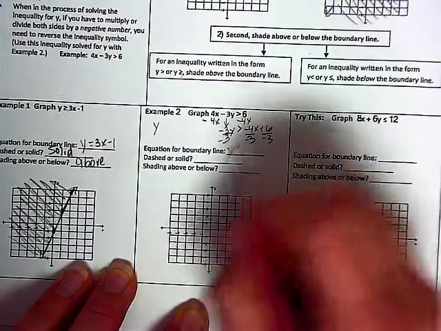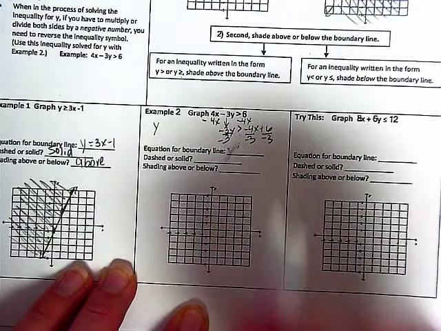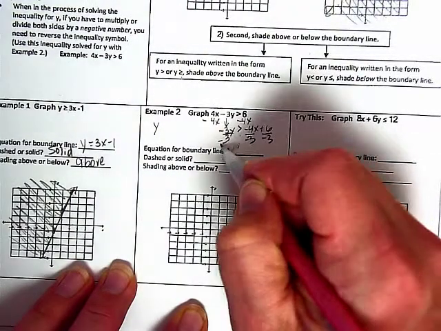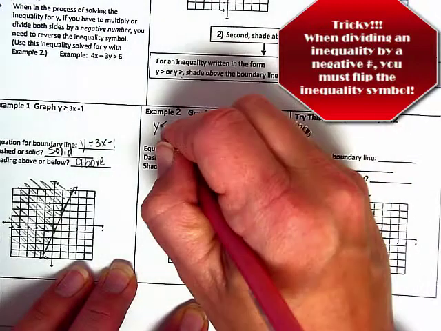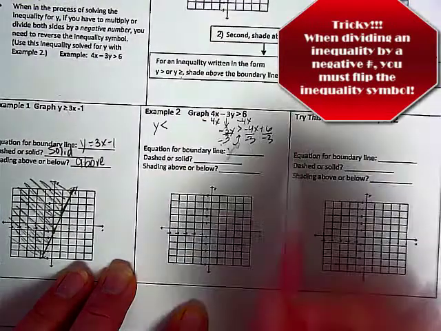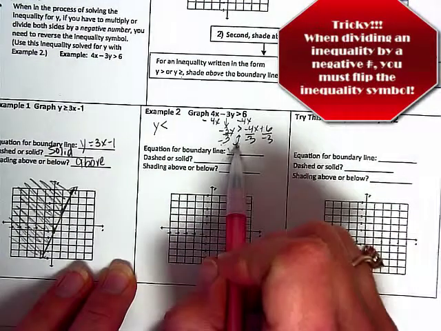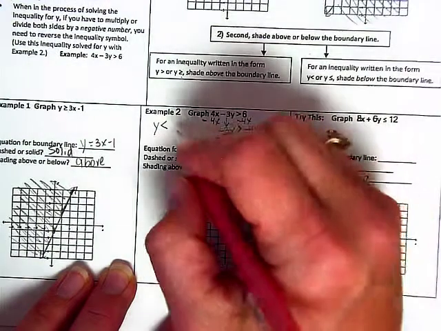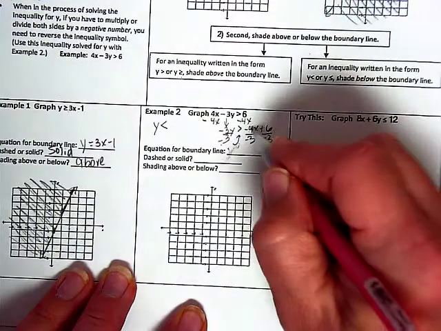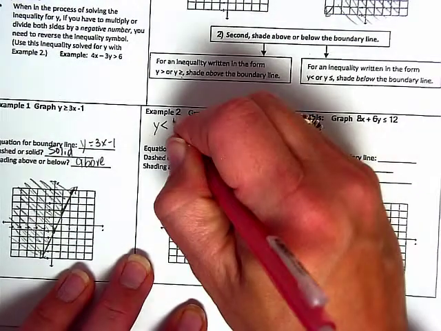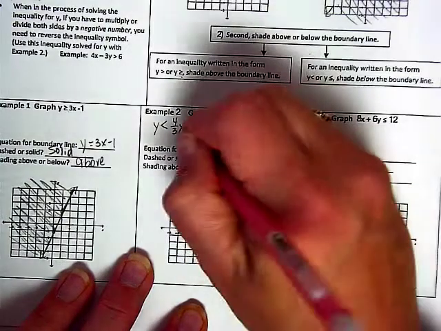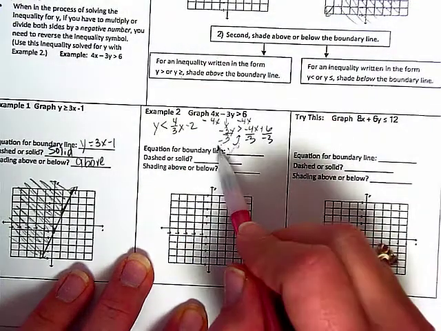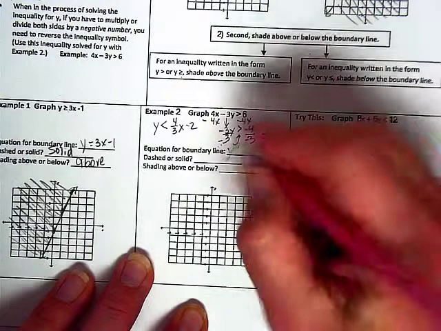When we are dividing by a negative, we need to flip that inequality to face the other direction. We are flipping it because we are dividing by a negative. So it's going to be y is less than negative 4 over negative 3, which reduces to 4/3 x, and then minus 2. Once again, since we were dividing by a negative, we had to flip the inequality.